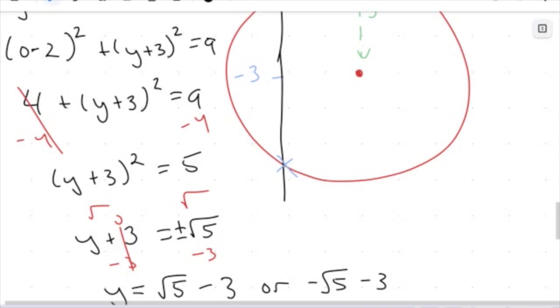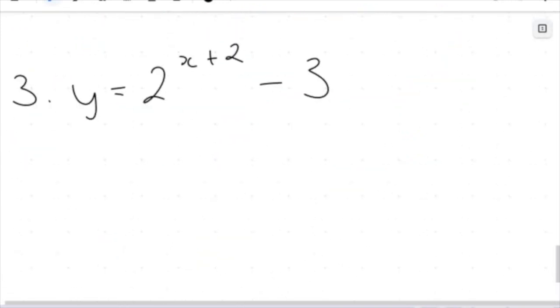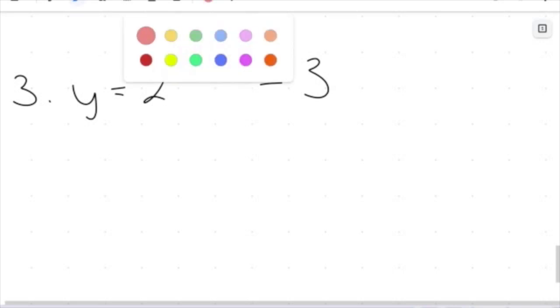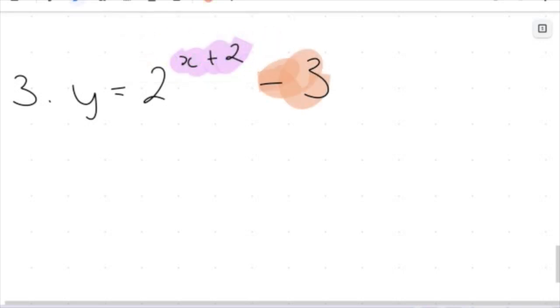Okay, very last example, we're almost done. We want to look at this exponential. So, once again, we can recall what we knew from our previous videos, where we have this thing up here and this negative 3 here. Now, in this particular form, the negative 3 acts on the y.